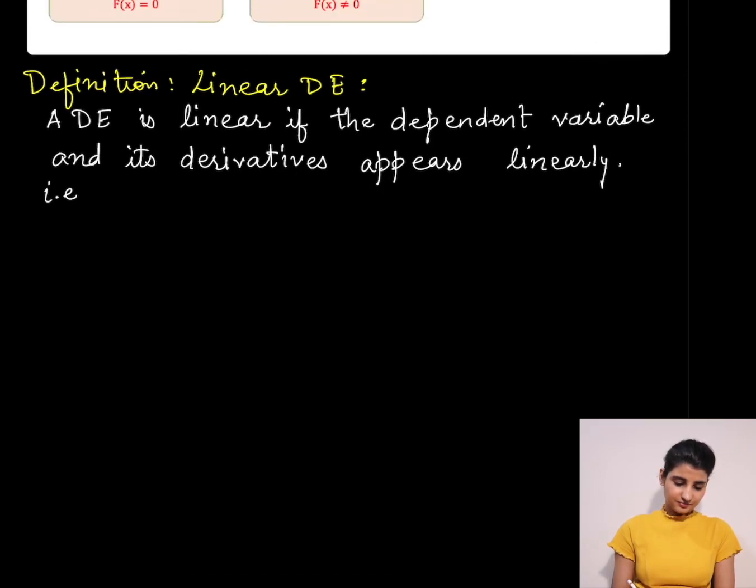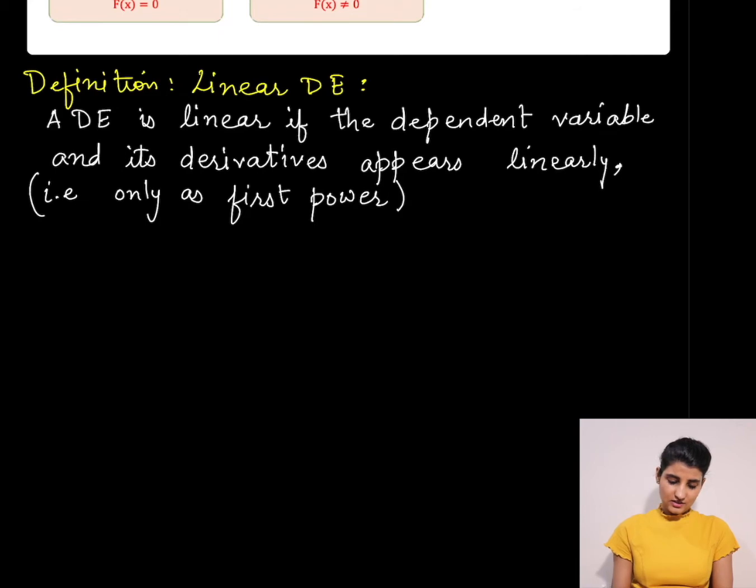So it means they appear only as first powers. They appear linearly and they are not multiplied together.